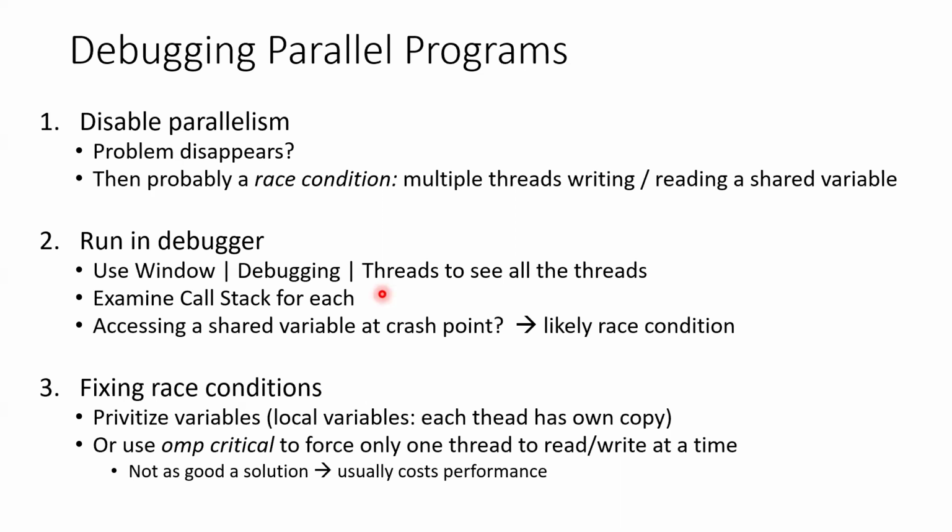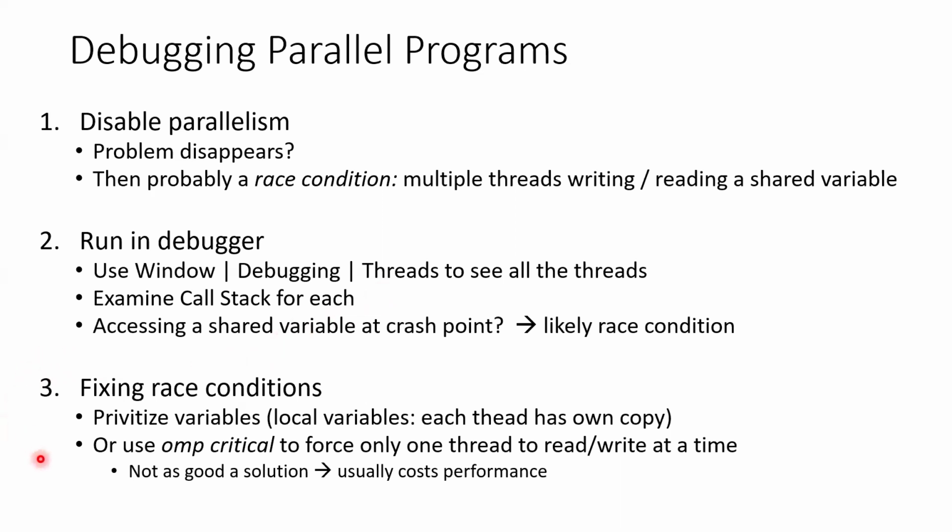If the problem persists, then probably it's not a parallelism problem. Run in the debugger, using what I just showed you. You can go to the call stack of each thread and see if multiple of them are accessing the same shared variable when we crash.